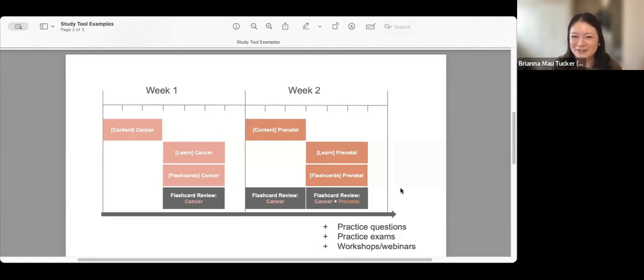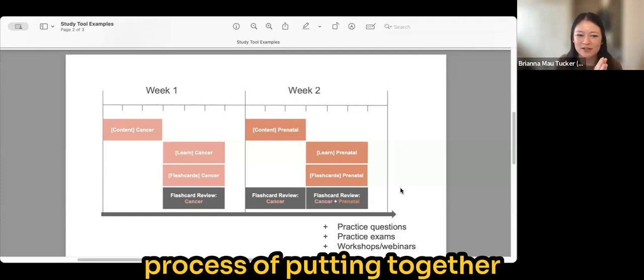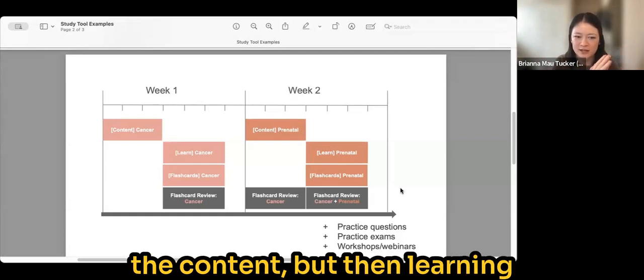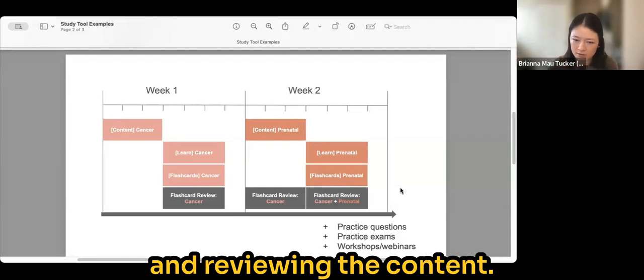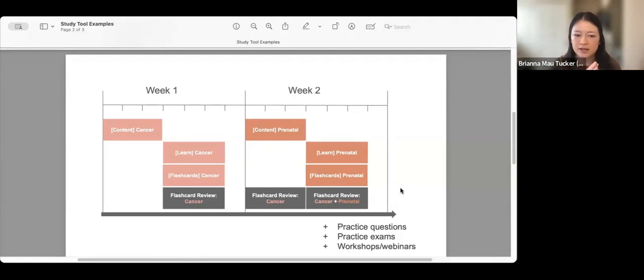Hopefully that wasn't too confusing, but the idea is that there is a process of putting together the content, and then learning and reviewing the content. The idea with the flashcard reviews over time is that you're adding cards from each content area, but you're not studying every single flashcard every single day.